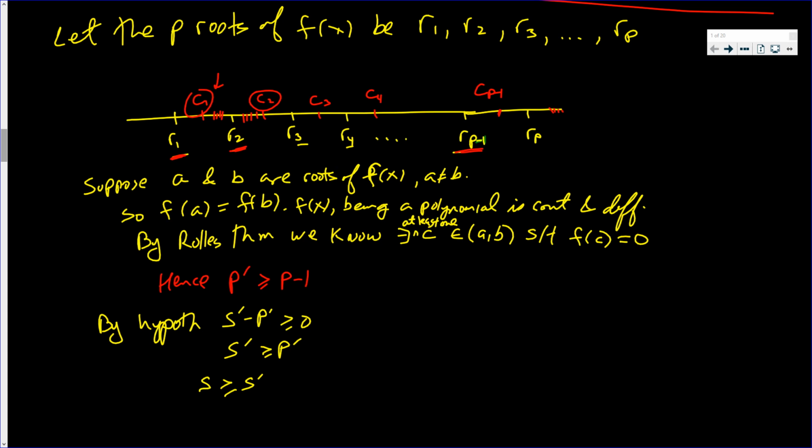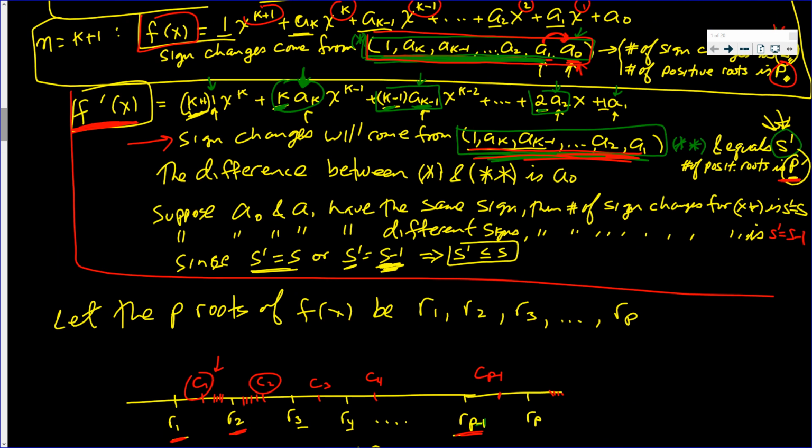Now, let me just state why this is true by hypothesis. The reason is because the derivative is of degree k. And we know that any function, the derivative is the function.